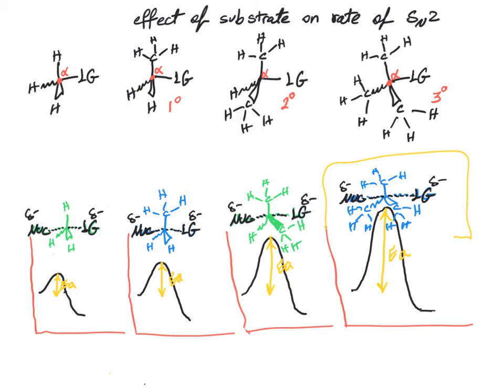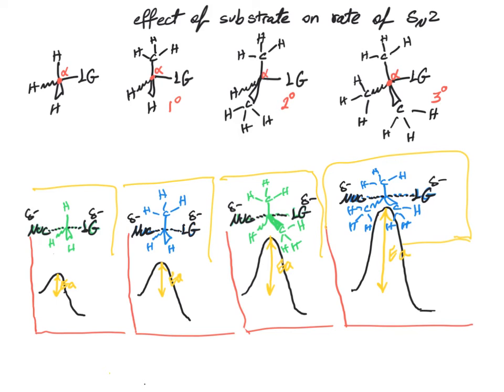And the transition state of the methyl substrate, this one, is the most stable one because the repulsion is between 5 bonds and 3 of them are small hydrogens. Then the repulsion between the groups increases in primary, it's more in secondary, and it's maximum in tertiary substrates.